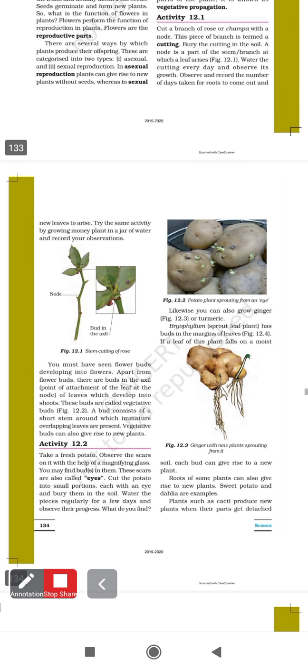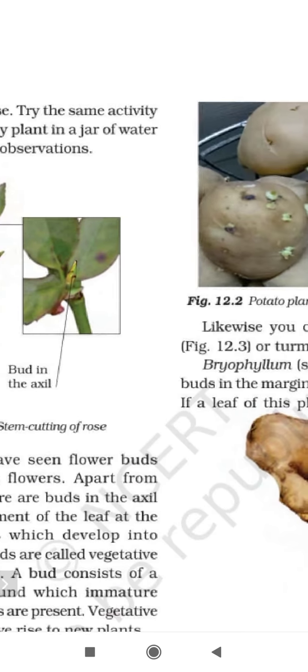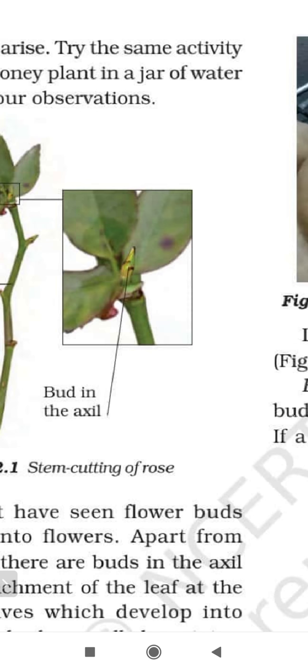Even you have seen that the buds develop into the flower, right? You know what is a flower bud? Flower bud means before a flower, one small structure develops, it is called a bud. On the axil, axil means between leaf and node. See, you can see over here very easily, see it is the axil.